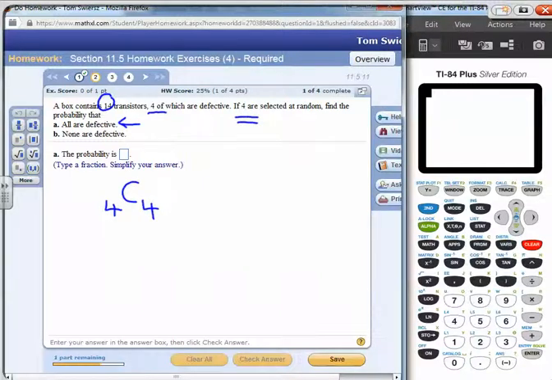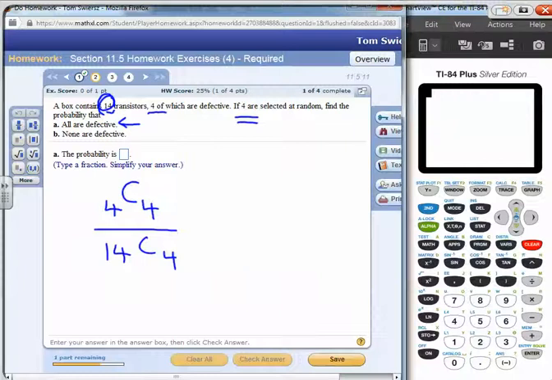Okay, that's the numerator over the total number of all different combinations, which you would use the total in your problem. For my problem it is 14C, and again we're selecting 4. Okay, so we're going to go ahead and do these two combinations, and then that will give us our answer.